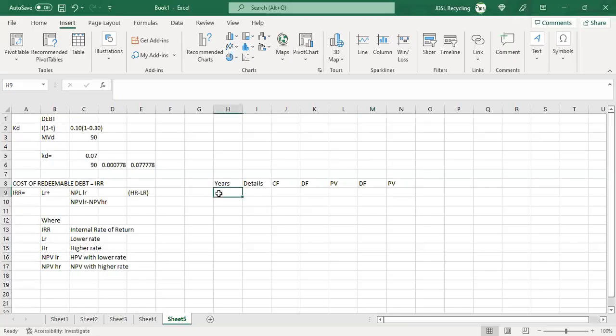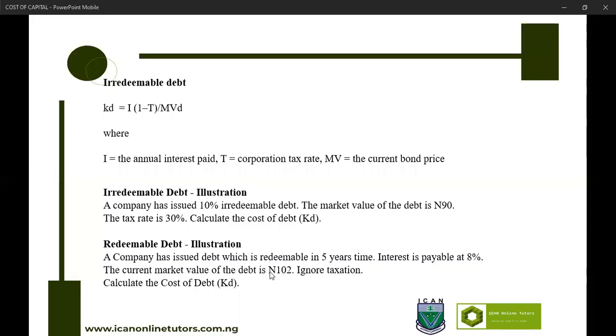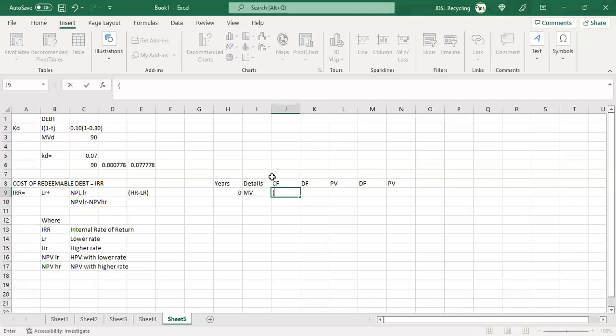Yes, we have year zero. Year zero will usually be your market value. And what is our market value? Your market value is the current value, which is the current market value of debt, 102. Then we have here 1 to 5.